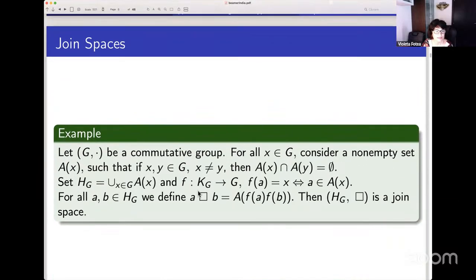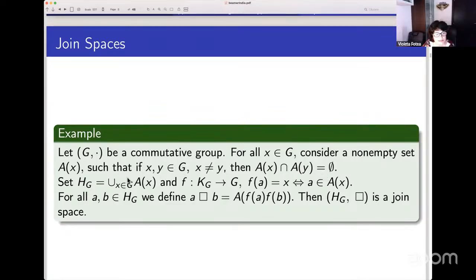Or another example: for all X elements of a commutative group G, we consider a non-empty set A of X such that for different elements X and Y, A of X and A of Y have the empty set as intersection.